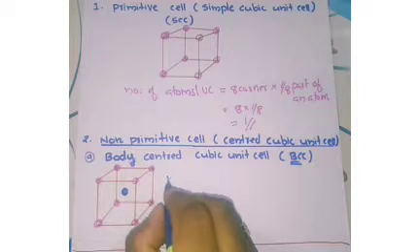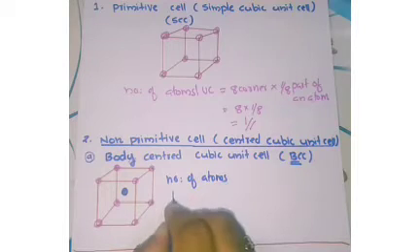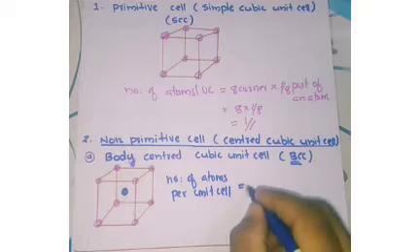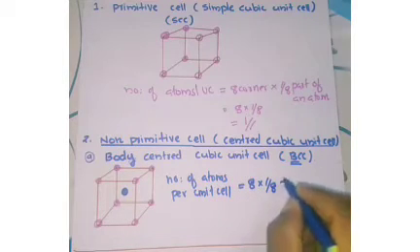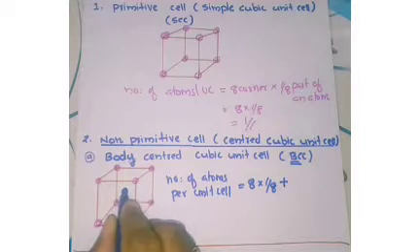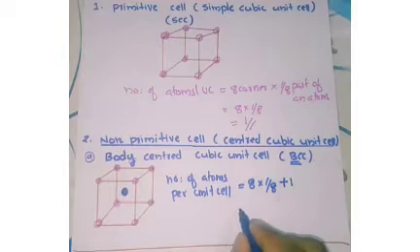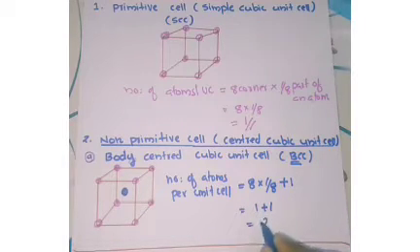So the number of atoms per unit cell is equal to how much? 8 corners into 1 by 8 part of an atom plus the contribution of atoms at the body center, which is 1. That is 1 plus 1, 2.